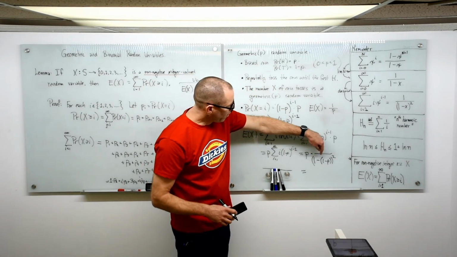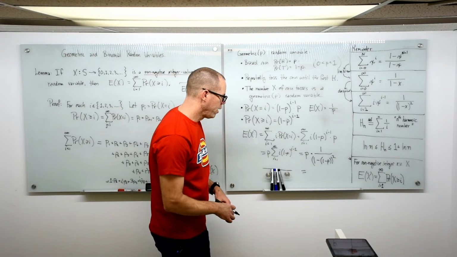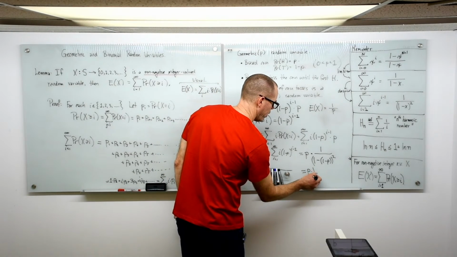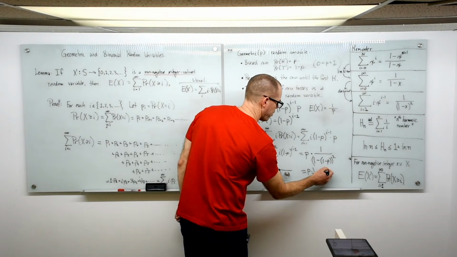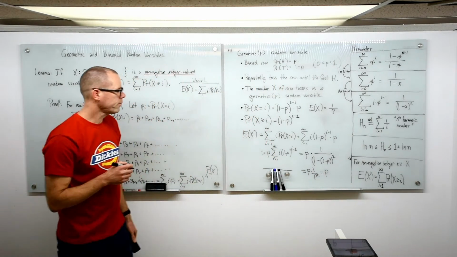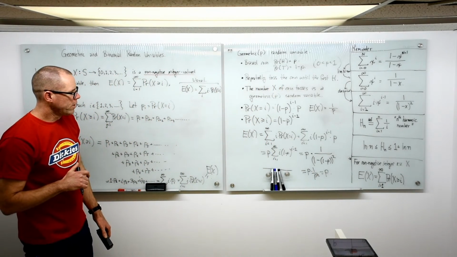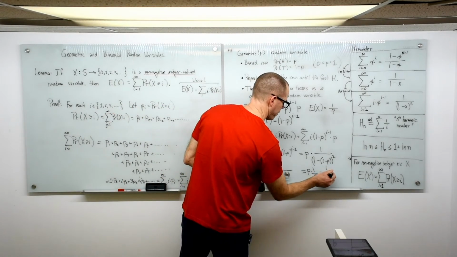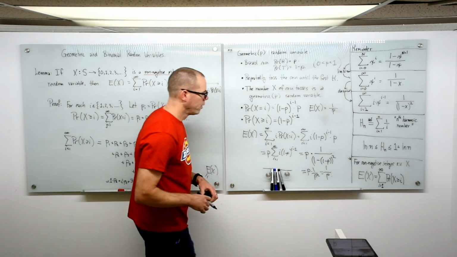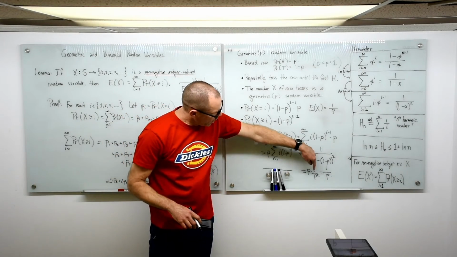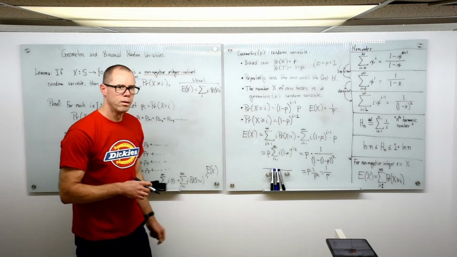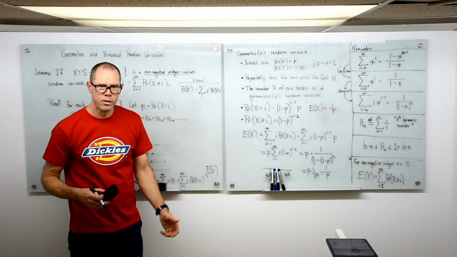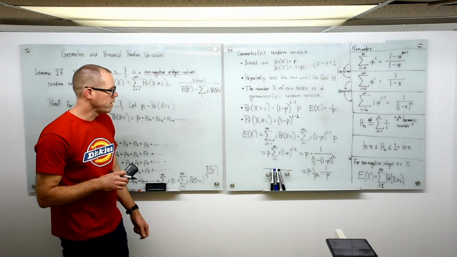Like before, 1 minus (1 minus p) is just p. So we get p times 1 over p squared, and we get 1 over p. The p on top cancels out one of the 2 p's on the bottom. So we get the same answer either way. That's a good thing. Hopefully that should be the case.